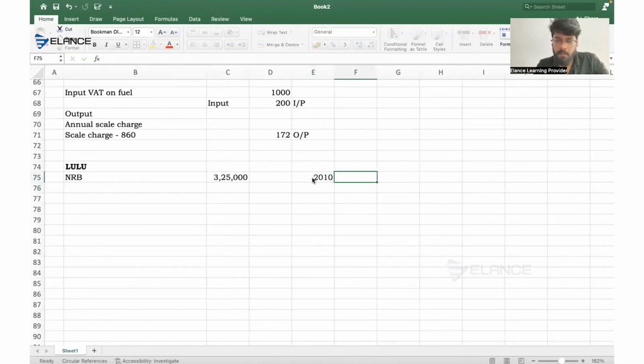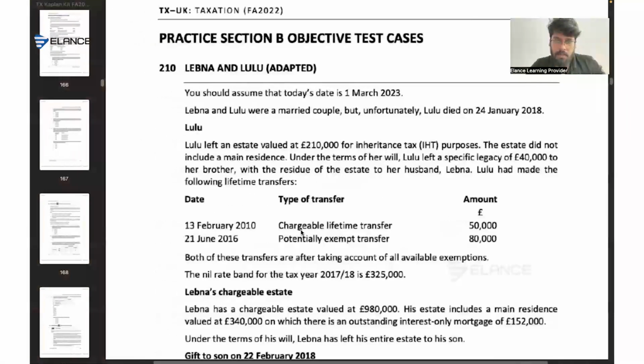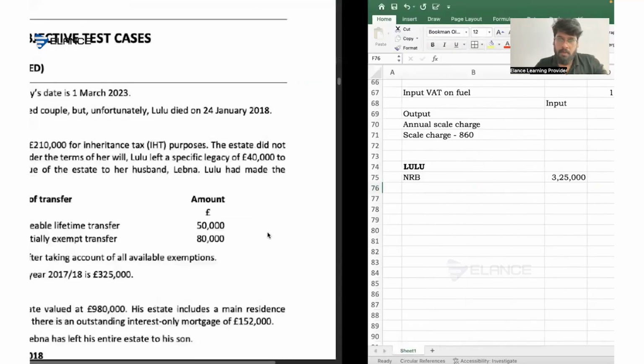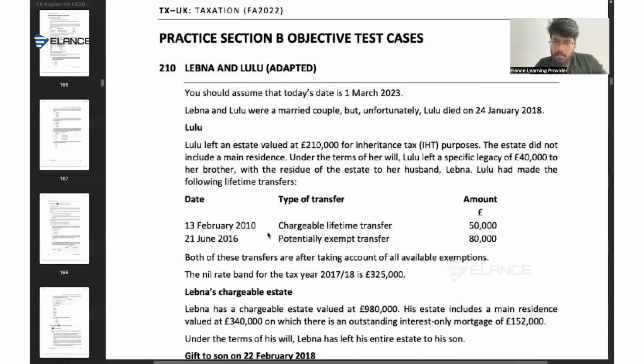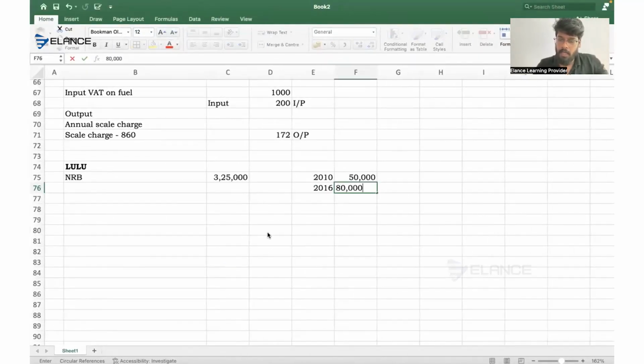And the next transfer was in 2016, and the transfer was 80,000. The first transfer was a CLT, a chargeable lifetime transfer. The second one is a PET.